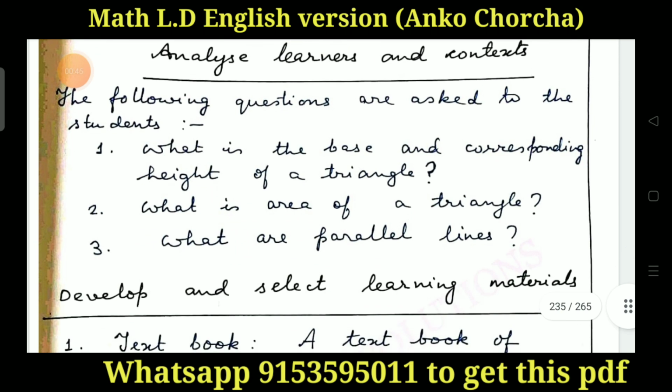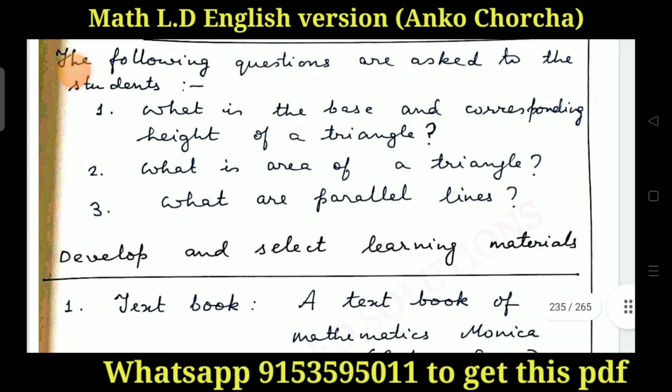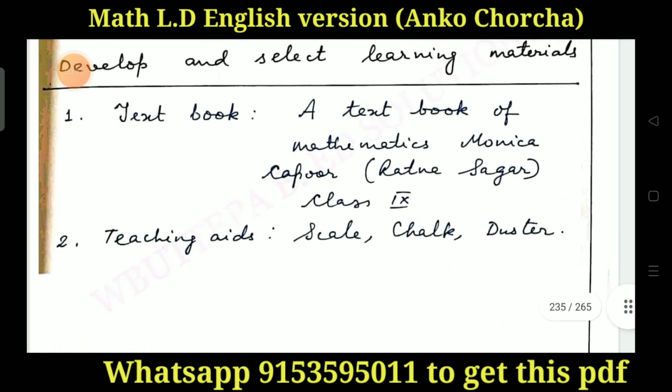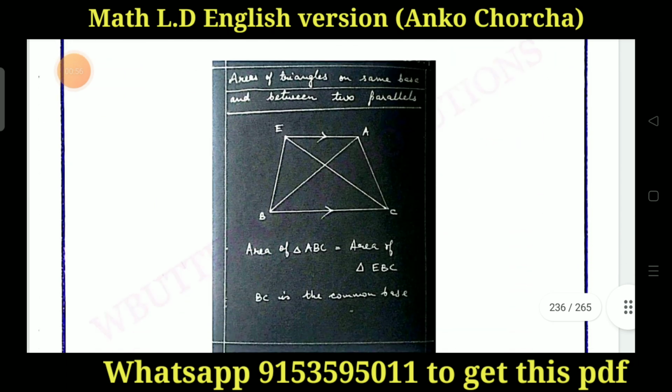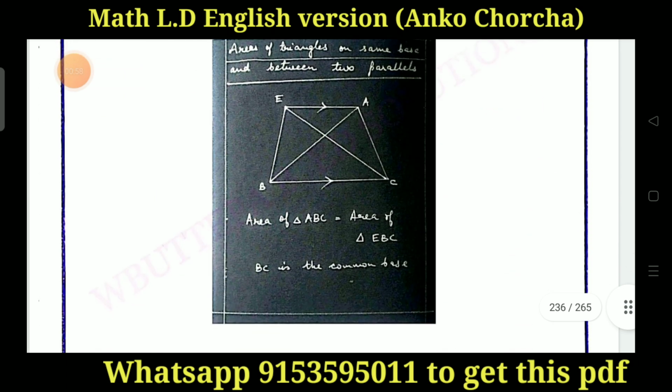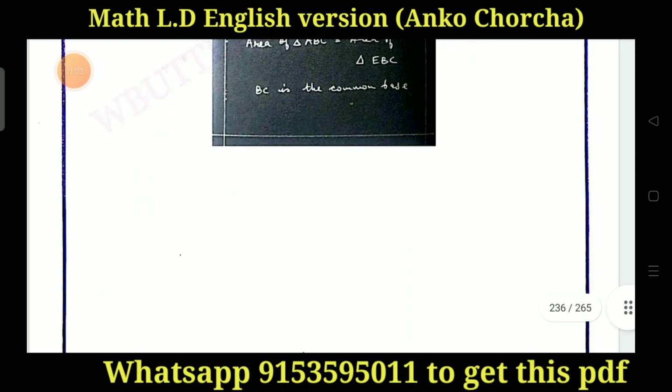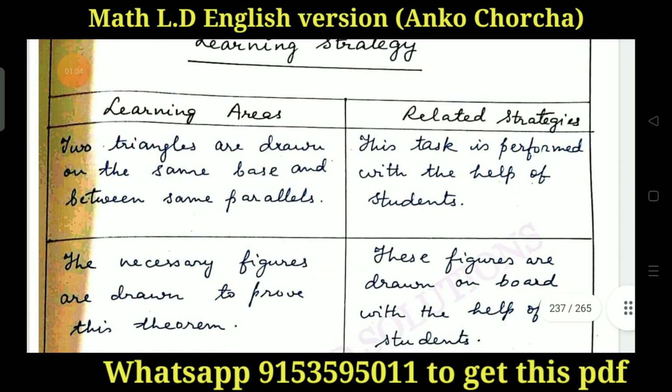Analyze learner and context. The following questions are asked to the student. Develop and select learning materials, textbook and teaching aid. Here some blackboard work, area of triangles on same base and between two parallels. Learning strategies are two parts, learning areas and related strategies.